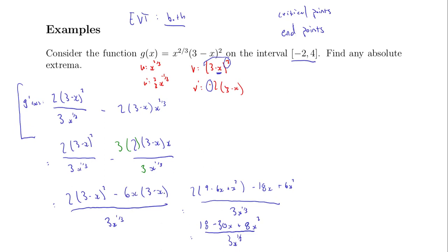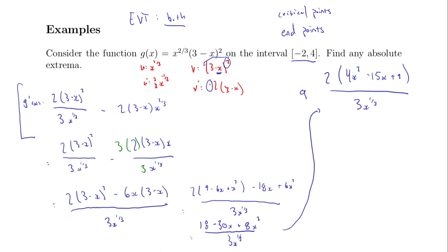So anyways, see if you can follow the algebra through, but I've got this ugly fraction, 18 minus 30x plus 8x squared, which I can factor a little bit more. Maybe I'll rewrite this. I'll call it 2 times 4x squared minus 15x plus 9 over 3x to the 1/3.